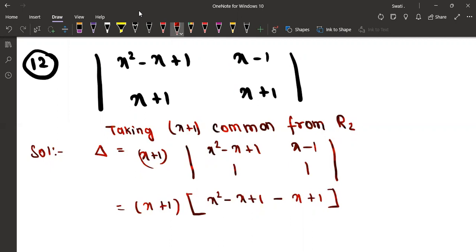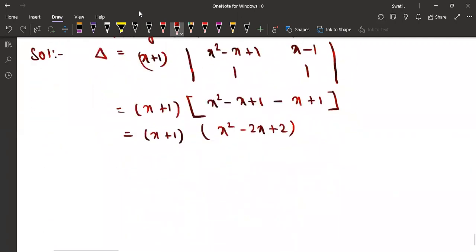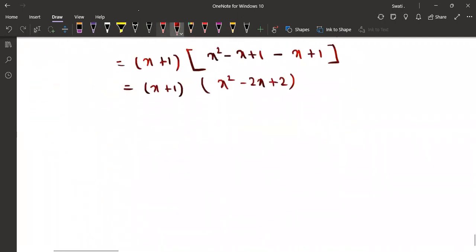Now here nothing will get cancelled. So what are you getting? You are getting x plus 1 times x squared, this is x, which is minus 2x, and this will become plus 1, that is 2. Now we need to simplify this. So we will simply multiply this. x times x squared is x cubed. x times minus 2x is minus 2x squared.